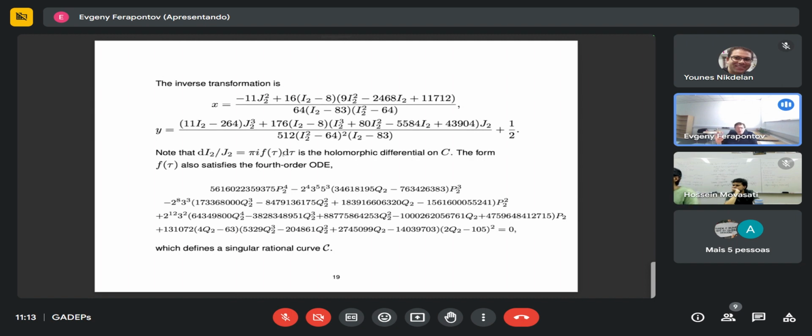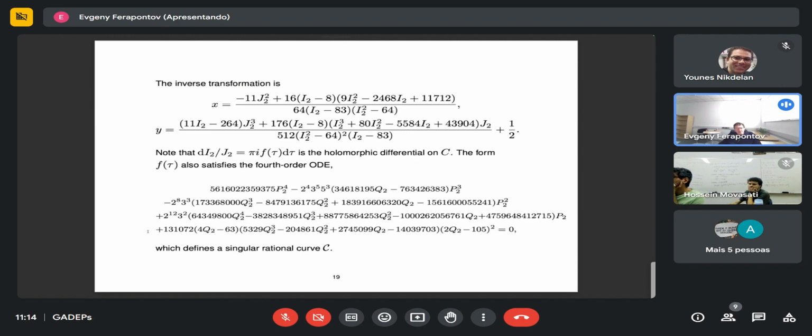Now, what about a fourth order ODE? Remember, the fourth order ODE is expressed in terms of P and Q variables. There are invariants P2 and Q2. And this fourth order ODE is here, right? Coefficients are quite horrible, but you can check that this curve is actually a singular rational curve.